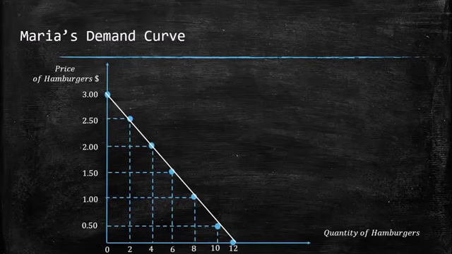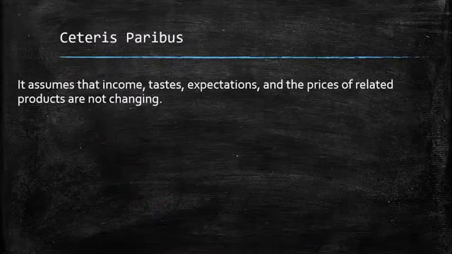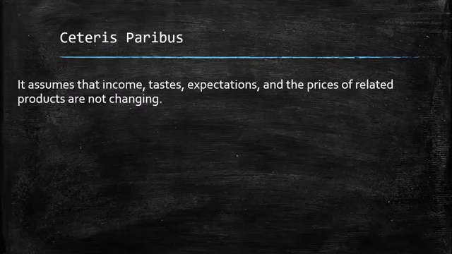The higher the price, the less you consume. As I said before about ceteris paribus, this is the case because it assumes that income, tastes, expectations, and the prices of related products are not changing. We are just analyzing price because it's so hard to think about all the other changes in the world.